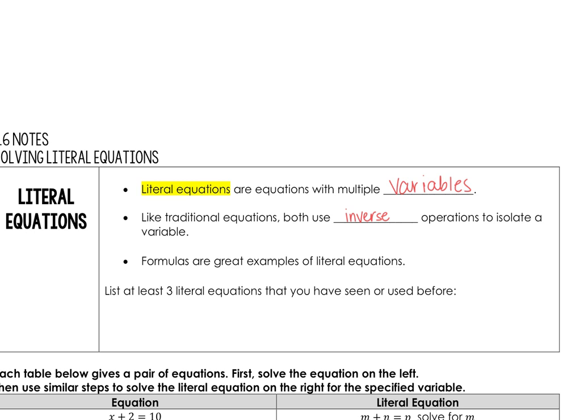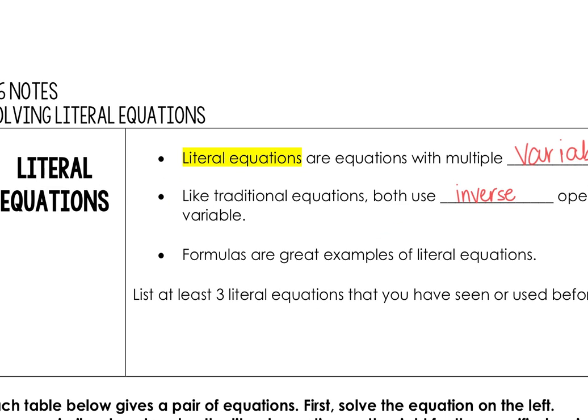So really quick, let's brainstorm. Let's list at least 3 literal equations that we've seen or used before. So what are equations that you've used or seen that maybe just have multiple letters? We've already even used some this year.